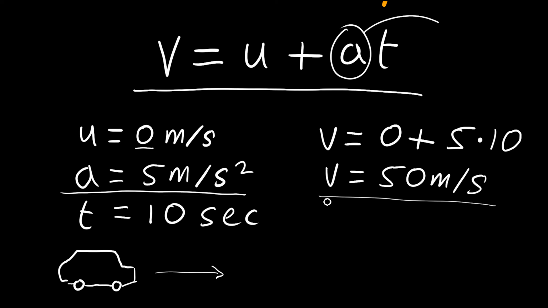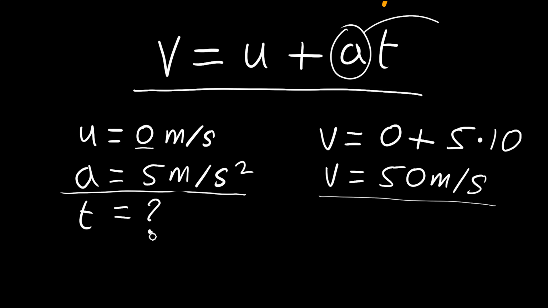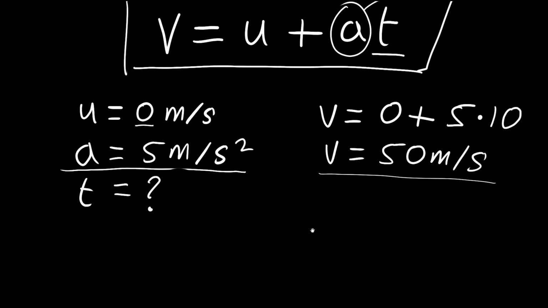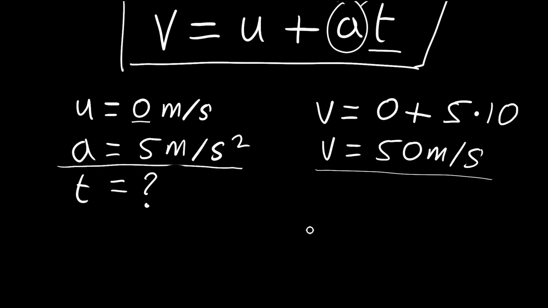But let's say that we've already got the final velocity and we need to work out the time. We would need to transpose this equation above to make time the subject. Now, this is quite an easy thing to do. This is not very complicated. Once we've transposed this equation, we can use dimensional analysis to see whether we've done this correctly.